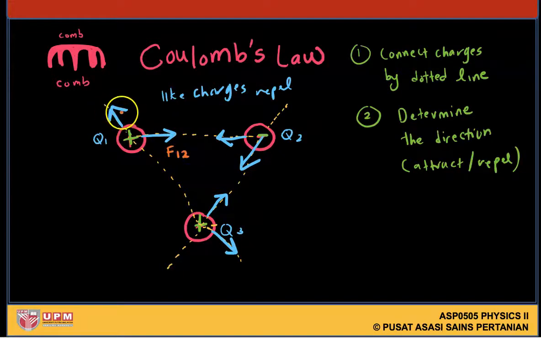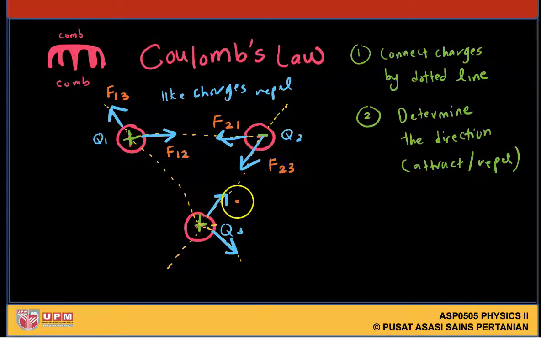This force over here is by Q3, so F on 1 by 3. And what about the forces over here? For Q2, this is the force on Q2 by Q1, and this is the force on Q2 by Q3.